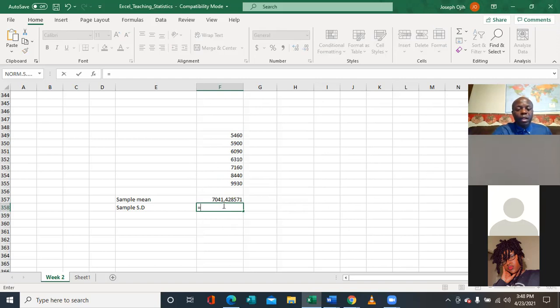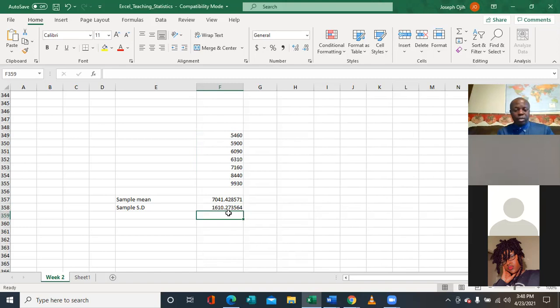For the sample standard deviation, use STDEV.S, where S is for sample. It gives 1610.272. So the sample mean X bar is 7041.43, and the sample standard deviation is this one here.